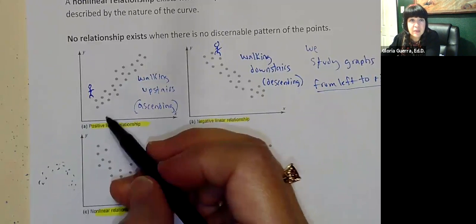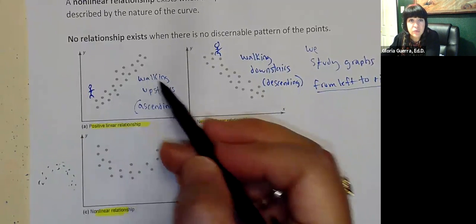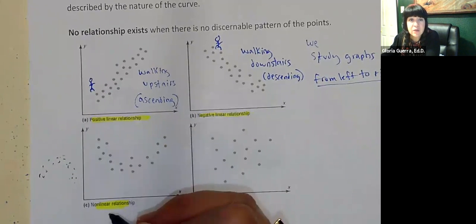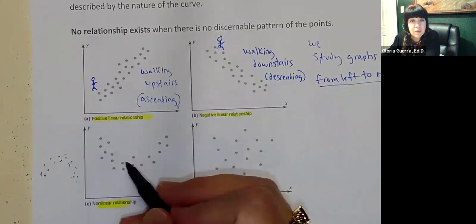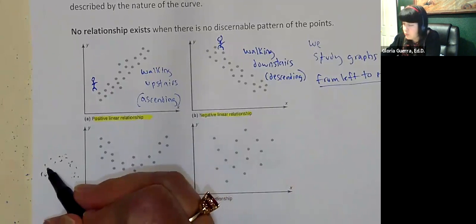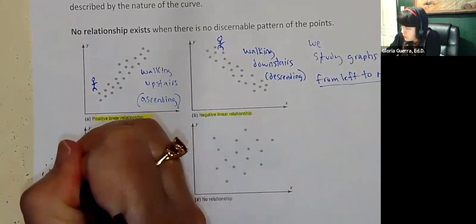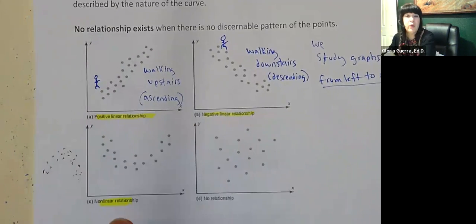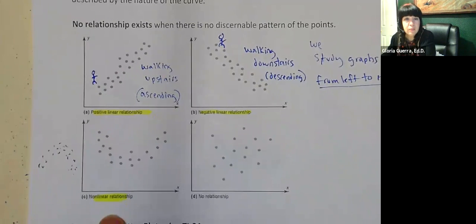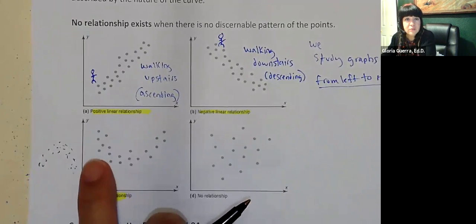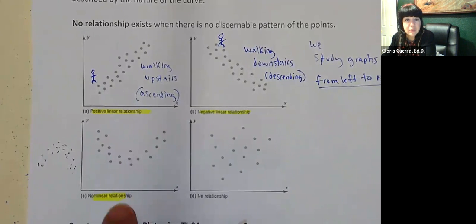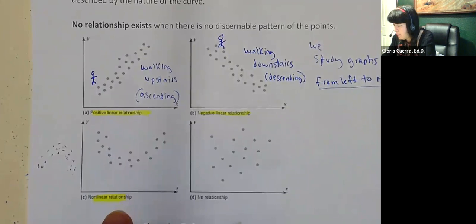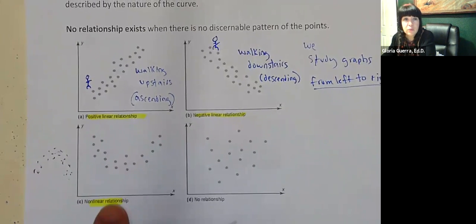Linear is like a straight line. This is non-linear. It's difficult to come up with these points being like that, but they can exist. They're just not often in data. But these are called nonlinear relationships.